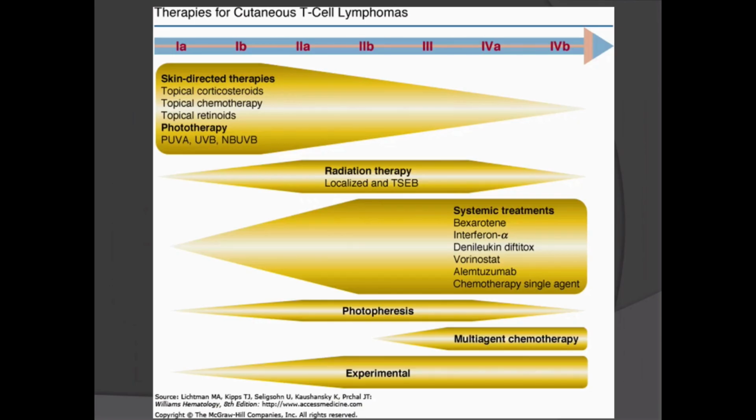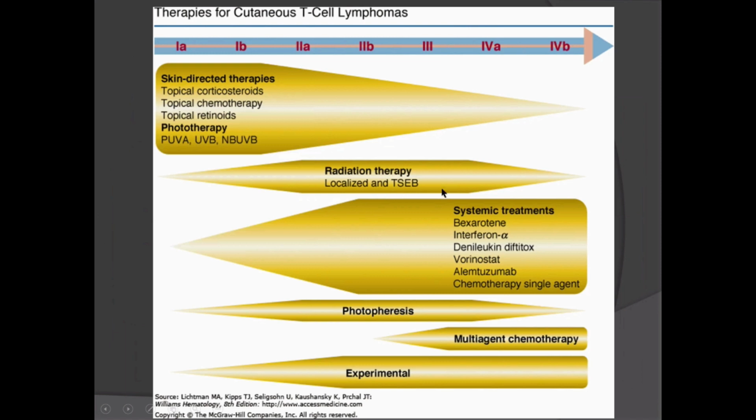But the basic overview I like to start with is this great illustration. What you're looking at here up top is stages of disease, from very early limited 1A disease going all the way up to 4B, and then you see where the various categories of therapy come in as being useful and appropriate. You can see early on we use skin-directed therapies. Those are things that are treating the disease from the outside. There's a lot of cross-coverage where radiation may be appropriate, various types of radiation.